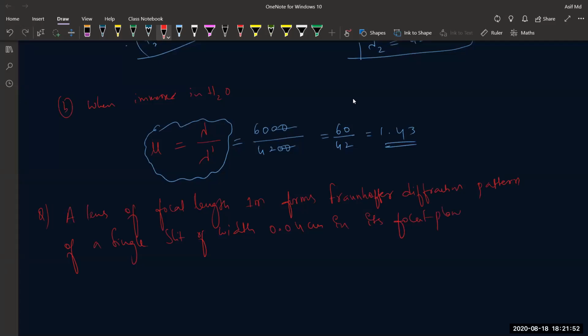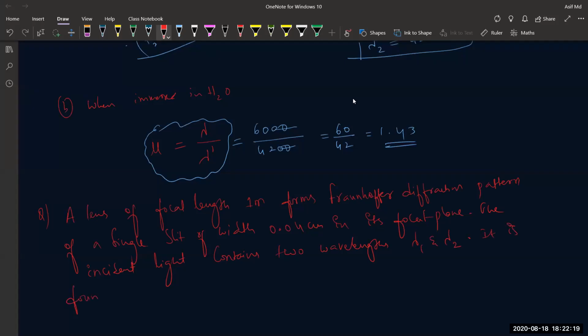So this is something new in framing. The incident light contains two wavelengths, lambda 1 and lambda 2.